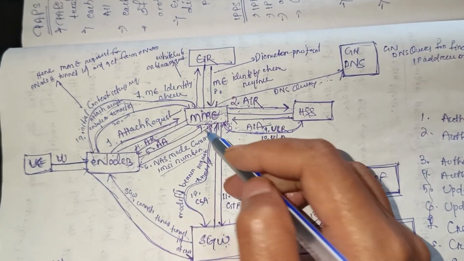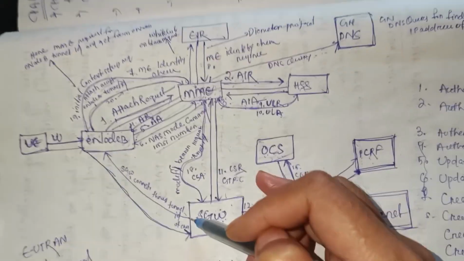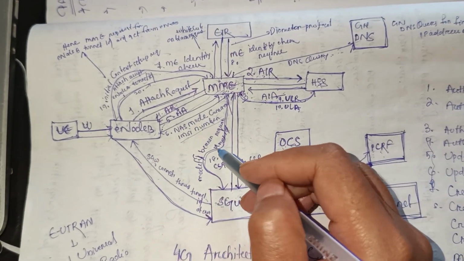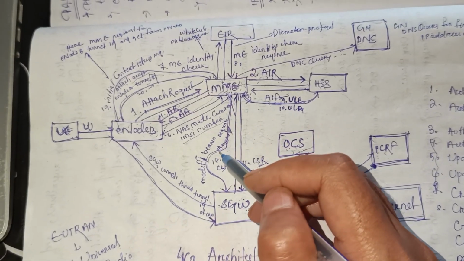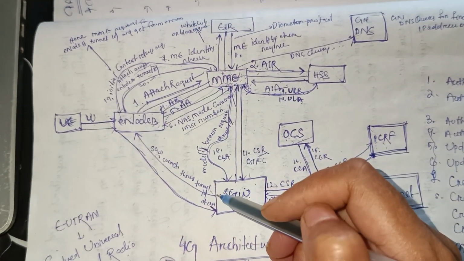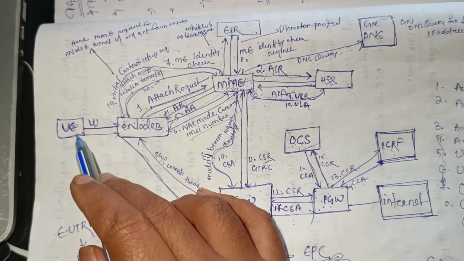Then MME will send that eNode B tunneling ID in the modify bearer request. After getting the modify bearer request, SGW has the eNode B tunneling ID that MME sent, so that SGW can directly connect with eNode B by this tunneling ID.